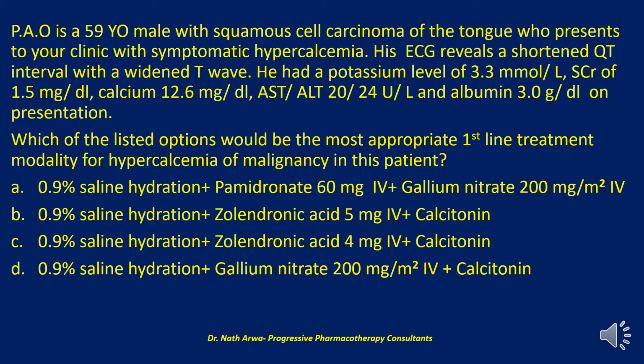Or would you hydrate with normal saline and then infuse zoledronic acid 5 milligrams and add calcitonin to that? Or would you hydrate with normal saline and infuse 4 milligrams of zoledronic acid before adding calcitonin? Or would you hydrate with normal saline and then administer gallium nitrate dosed at 200 milligrams per meter squared followed by calcitonin? I'll give you 10 seconds to choose the correct regimen.